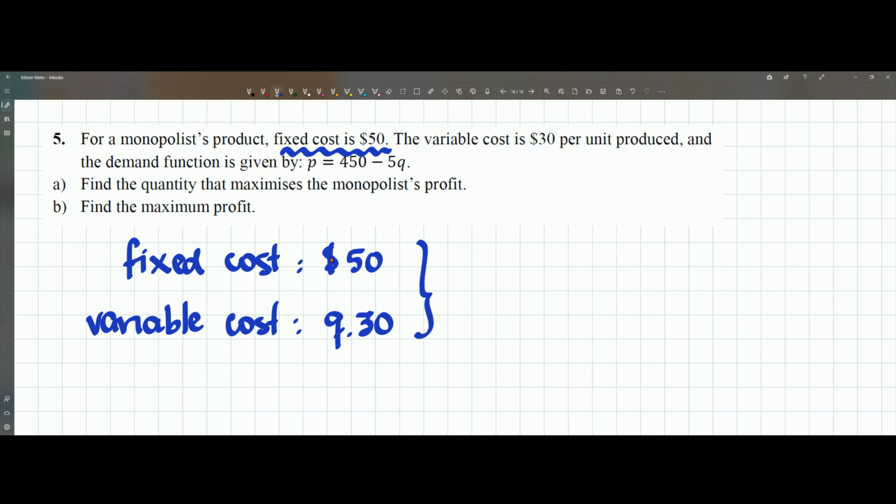Now we have the so-called demand function, and this is represented by the following expression: P, that is the value of a product, right, is 450 minus 5Q, and this variable Q is the product quantity that you produced.